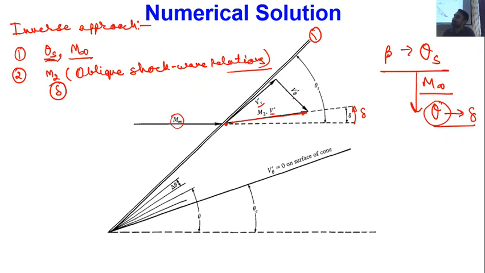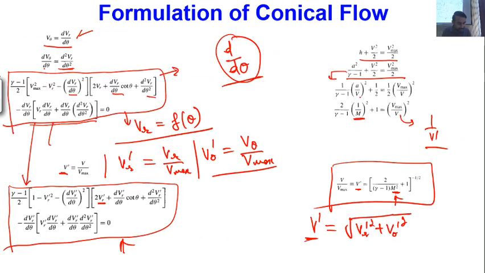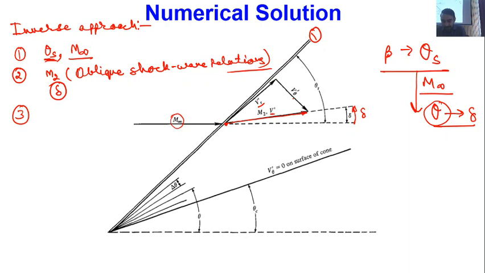If M2 and delta are known, then in the previous slide I have a relation between M and V dash. So if M2 is known, using the relation from the previous slide, I can calculate the value of V2 dash. Is this point clear?